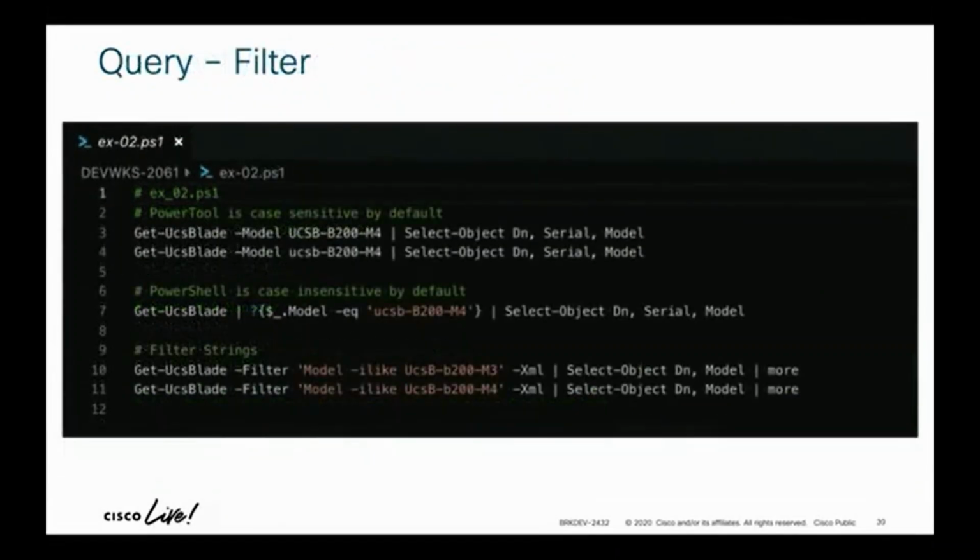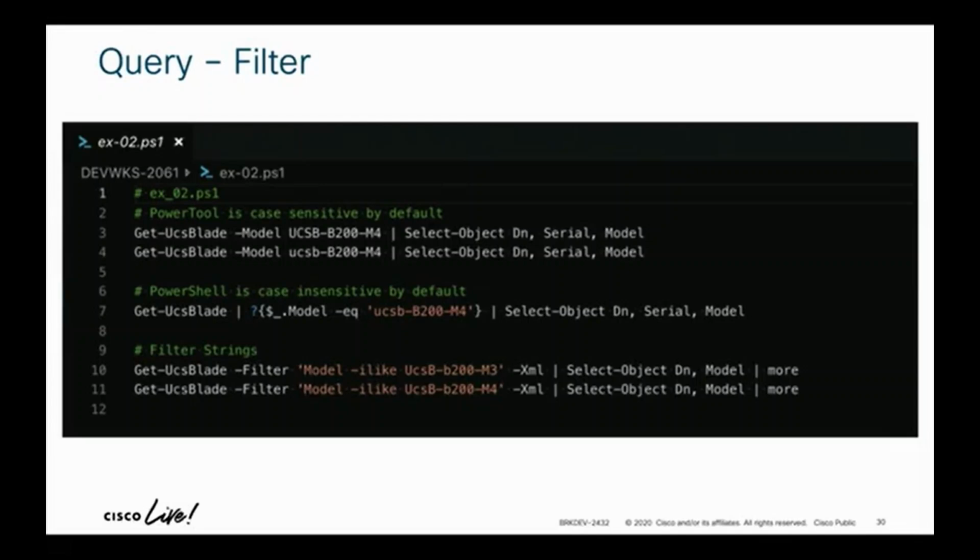In fact, you can filter in a number of ways, and this is something I should point out for UCS PowerTool. PowerTool is case sensitive, meaning that if I ask for a model like UCSB-B200-M4, it has to match the tag or the model number exactly as it is in the object model. So that top one will bring back values to me. The bottom one, on line 4, with a lowercase ucsb, won't match anything because PowerTool is matching against the values in the object model.